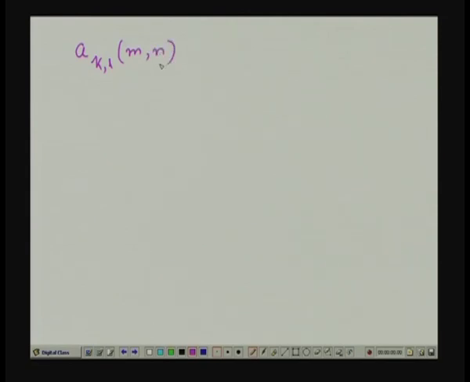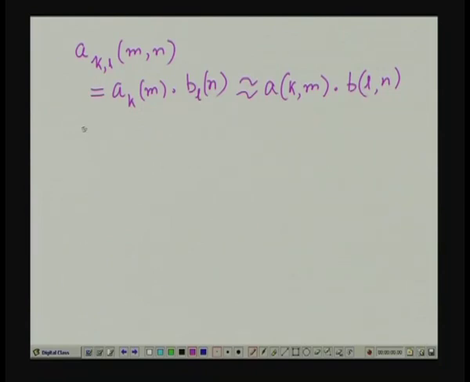So, you find that we have the transformation matrix, which is represented by matrix A, or we have represented this as A K L M N, and we say that this is separable if A K L M N can be represented in the form A K M into B L N. So, if A K L M N can be represented as a product of A K M and B L N, then this is called separable.